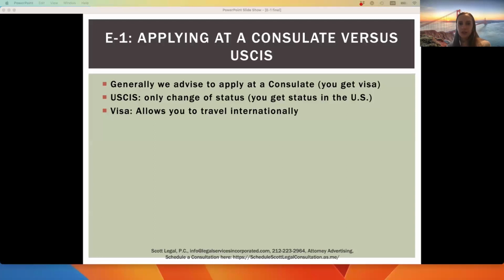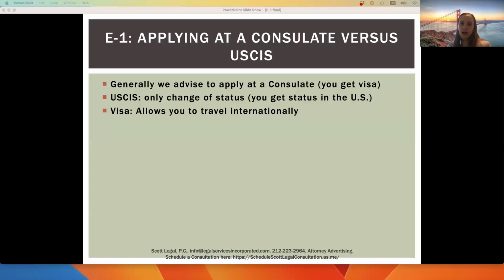So, let's say that you are, for example, a national of Canada or the UK. Nationals of both of those countries can get the E-1 visa for a period of 5 years. If the E-1 visa is approved, it's going to be approved for 5 years, and you can travel in and out of the US for that period.